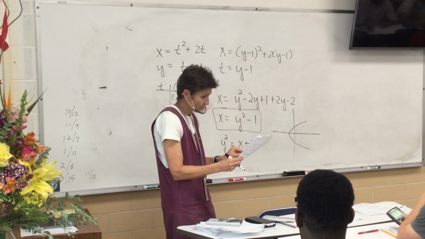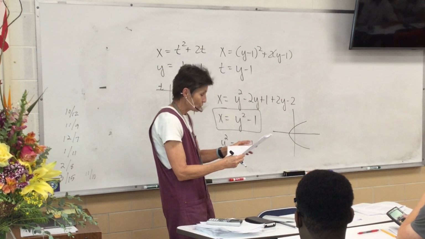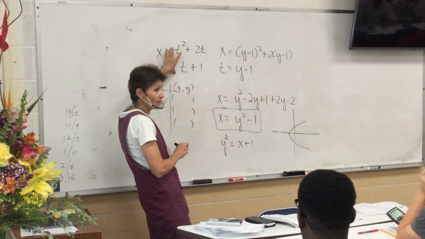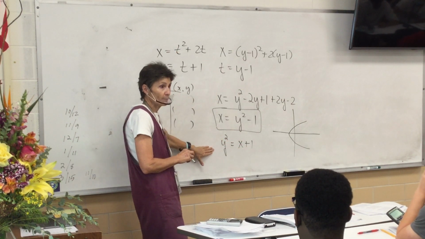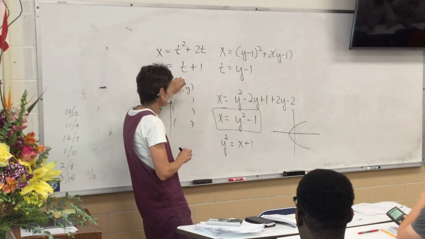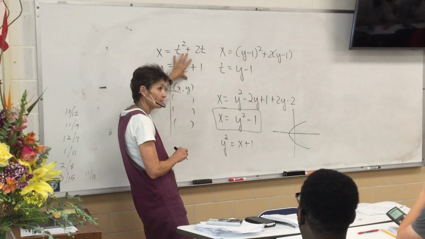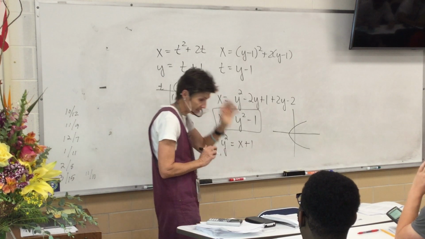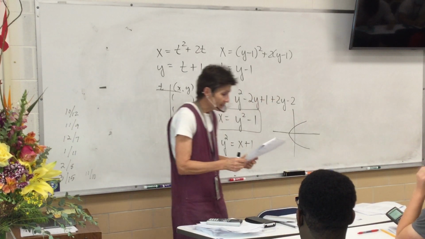So you need to be able to take parametric equations and remove the parameter. And then it's a good idea to be able to graph parametric equations on your calculator. Easy.